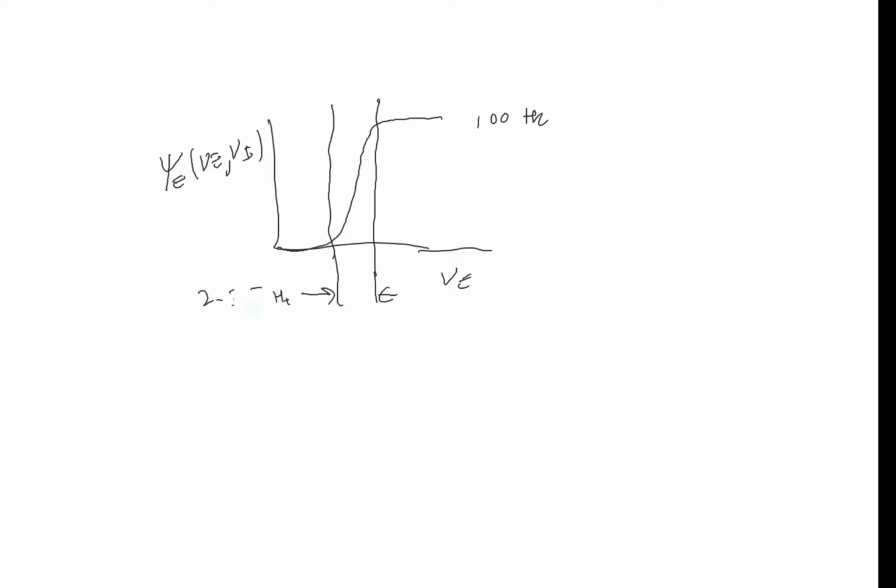We say 2 to 5 hertz, so somewhere, depending on the properties of the neurons, 1 to 5 hertz. Within 1 to 5 hertz, this can go almost to maximum firing rate. Okay, so that's the picture we have so far from randomly connected networks.